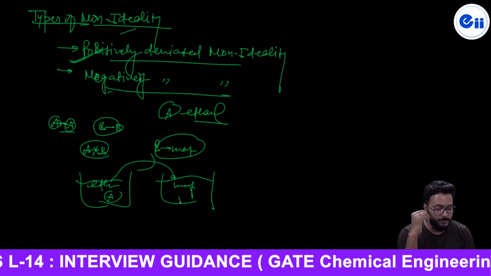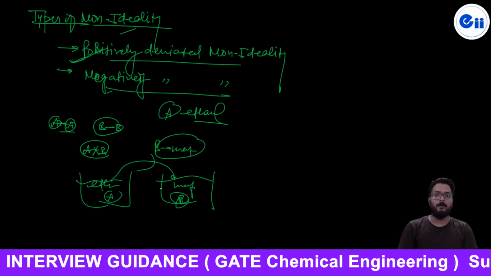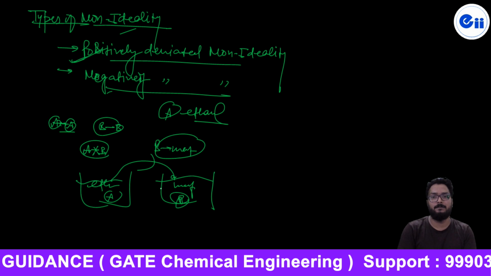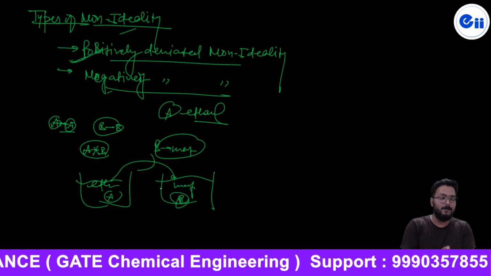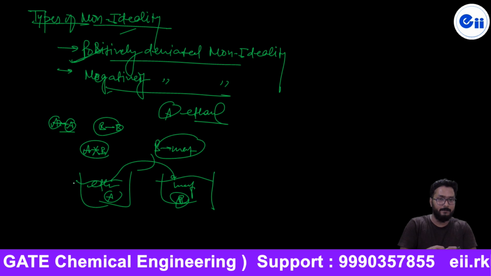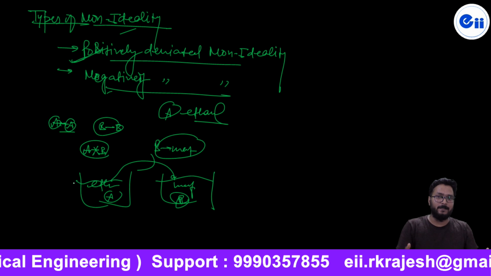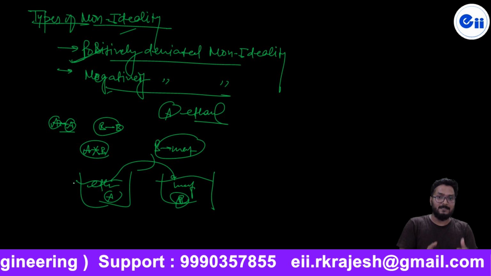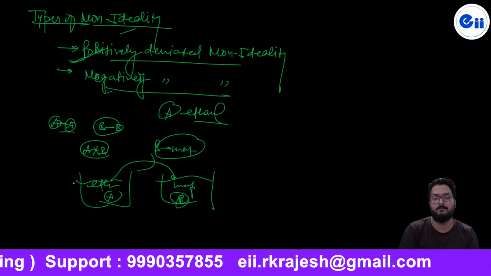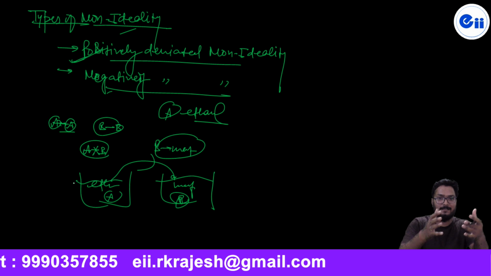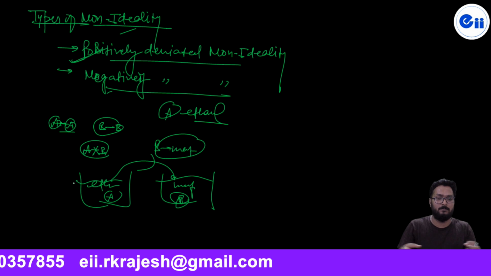It is A, it is B. The molecule A will not be comfortable being with B, so A will repel B and B will repel A. They both will repel each other, and that's why they will try to exist in the vapor phase as compared to the liquid phase. They can survive more easily in the vapor phase as compared to the liquid phase because they repel each other.